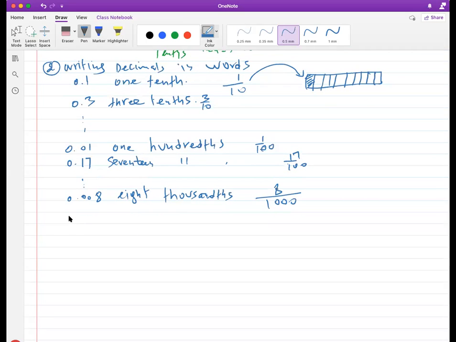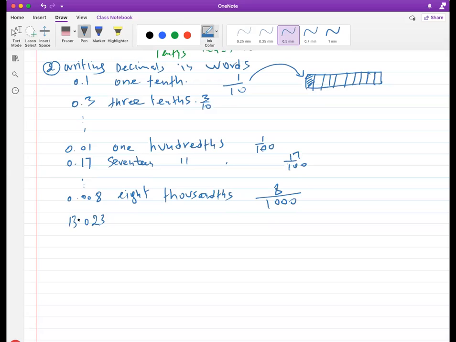What about this one here? So we have a whole part and then maybe something like this. Can someone read this for us in the formal decimal notation? So the whole part, always read it as is, 13 and something.